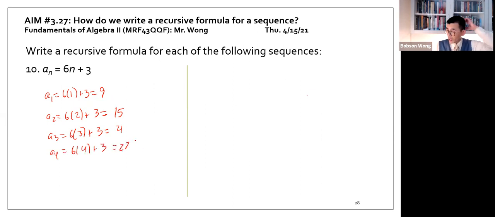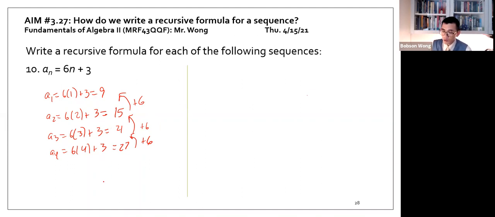And maybe by now we see a pattern. We see that the sequence has a common difference between terms of 6, positive 6 when you subtract.